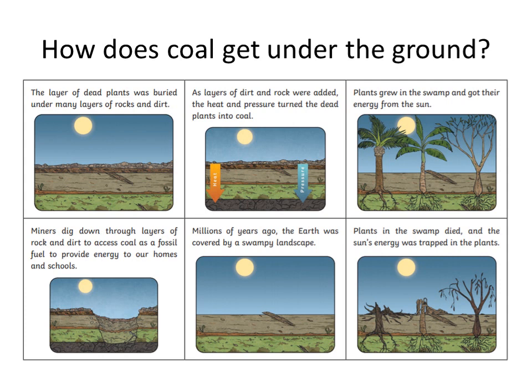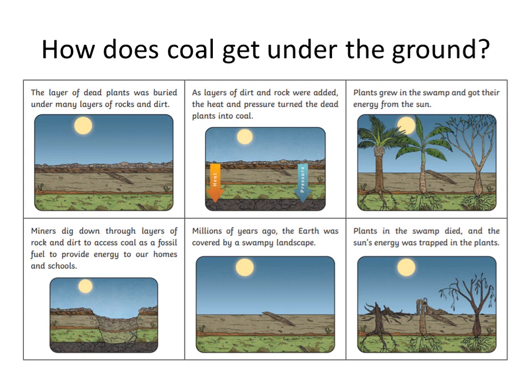As the layers of dirt and rock were added, the heat and pressure turned the dead plants into coal. Plants grew in the swamp and got their energy from the sun. Miners dig down through the layers of rock and dirt to access coal as a fossil fuel to provide energy to our homes and schools.